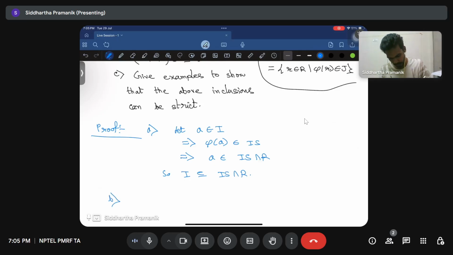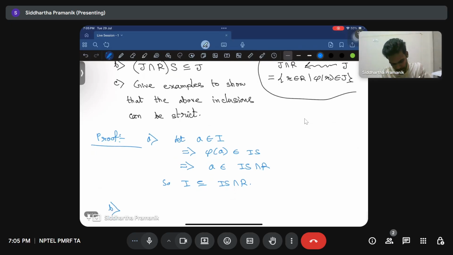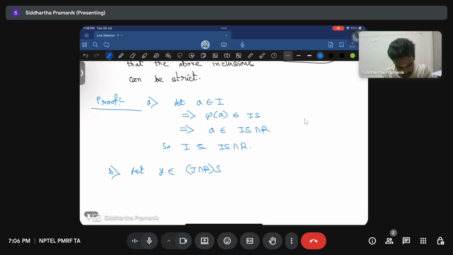Now the second part. If we take contraction and then again extend it, it will be contained in J. So let's take an element from J. Oh sorry, it should be the other way. This one. So let y belong to the extension of J intersection R, the extension of the contraction.